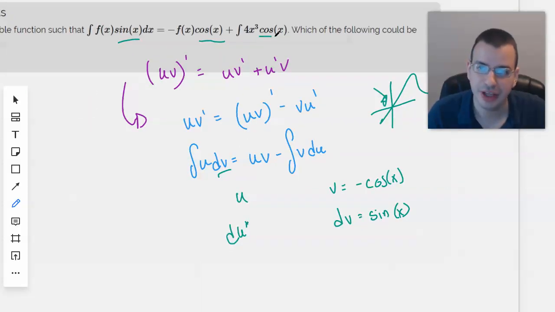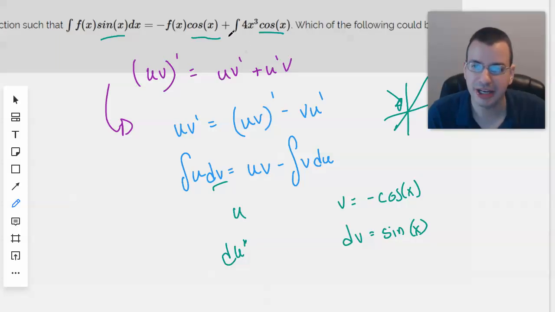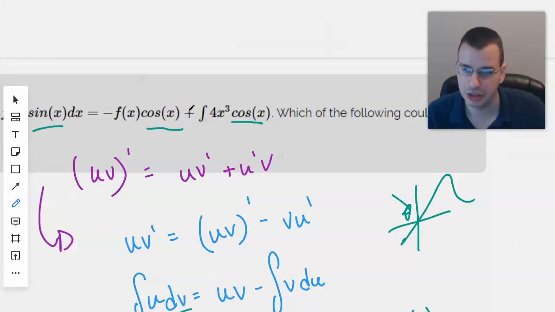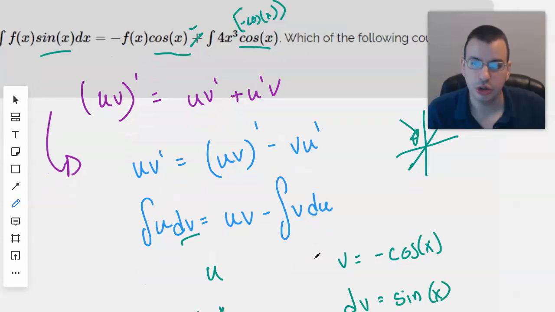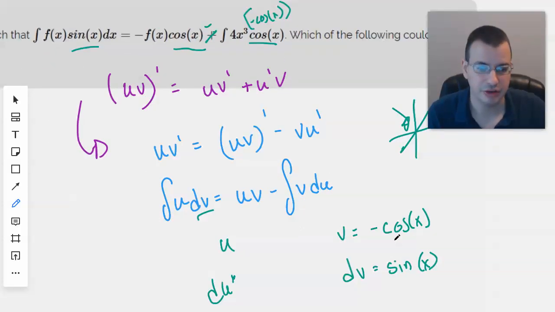We were also given, so there's supposed to be a negative sign here, so we can distribute this negative and make a negative cosine of x here. And so du, nope, that's v. Right there, negative cosine of x, that's v. So that right there has to be du.